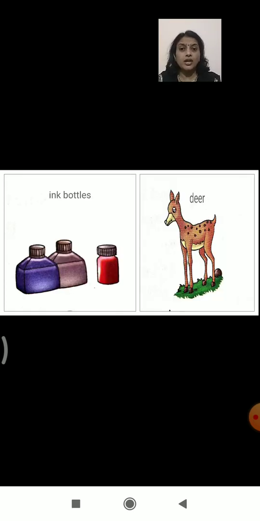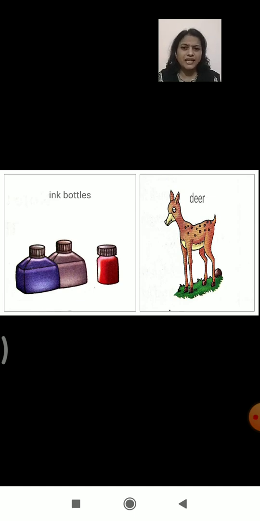Now here one more. What you can see? You can see some bottles. What is it? Ink bottles, right? And the other picture? It's a deer. Now ink bottles. Can you count? Of course. There are 3 bottles, right? 3 bottles of ink.